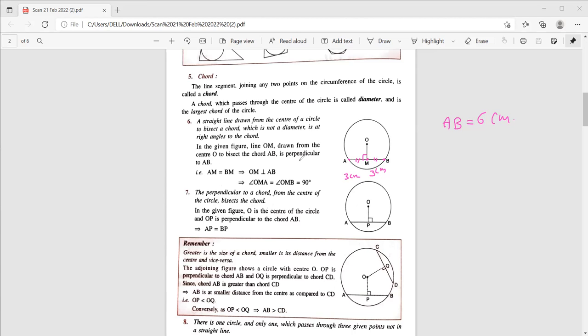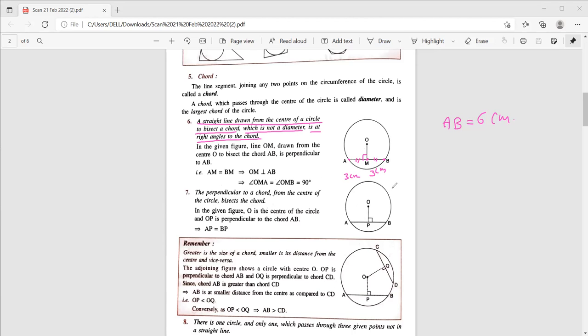You can check here. A straight line drawn from the center of a circle to bisect a chord which is not a diameter is at right angles to the chord. Okay, this will be right angles.